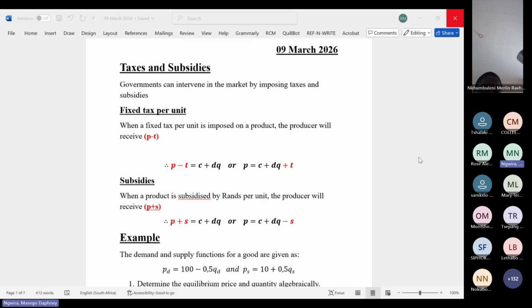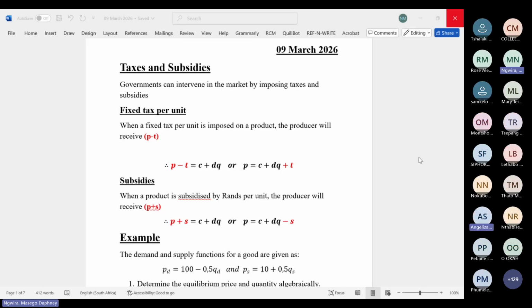When a fixed tax per unit is imposed on a product, the producer will receive the price minus tax, that is P minus T. Therefore, we are going to use the formula P minus T equals C plus DQ.